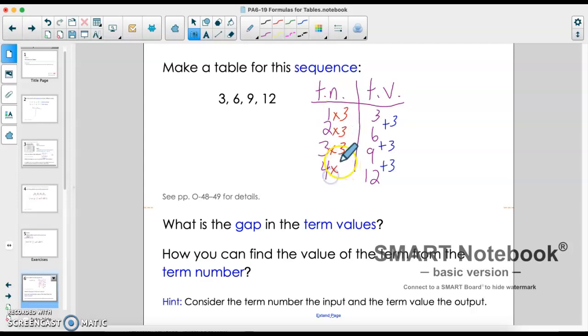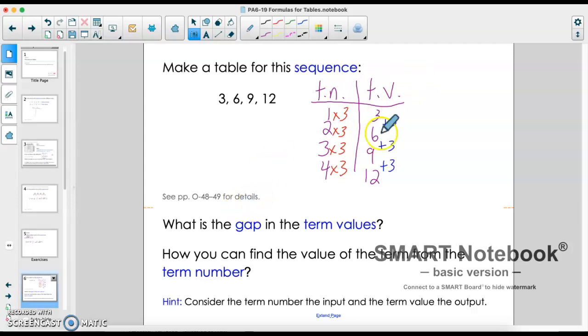I've identified that the gap is plus 3, so I'm going to use that information to multiply the term number times 3. So 1 times 3 is 3. Now, I've identified that that's all I have to do. To get from the term number to the term value, all I have to do is multiply by 3. Okay, so that one is pretty straightforward.